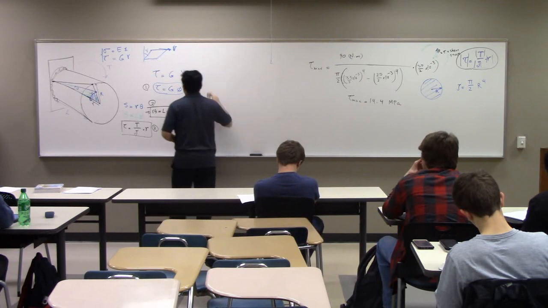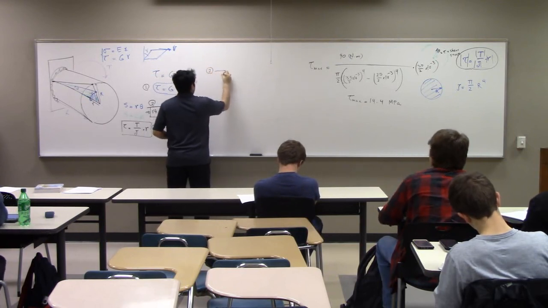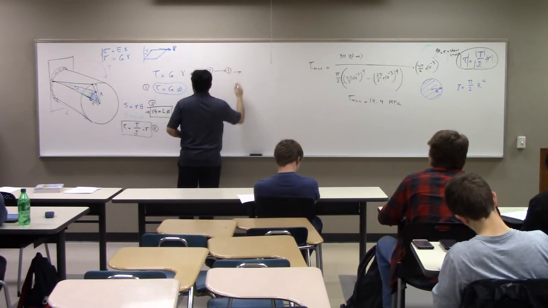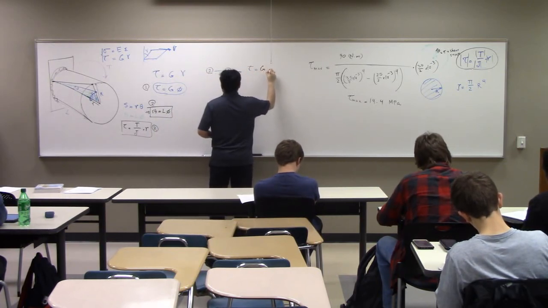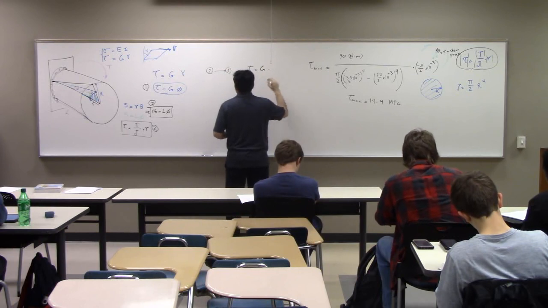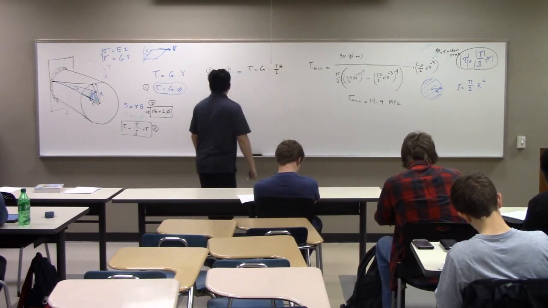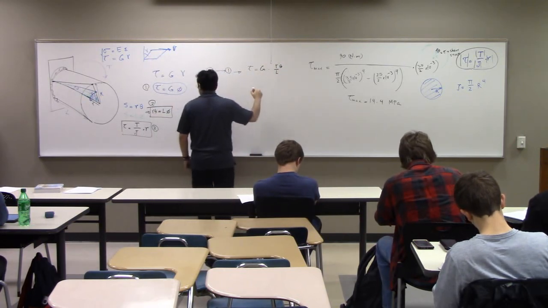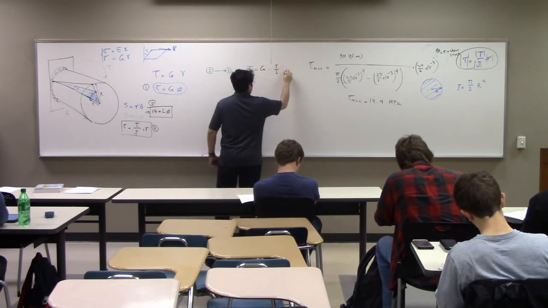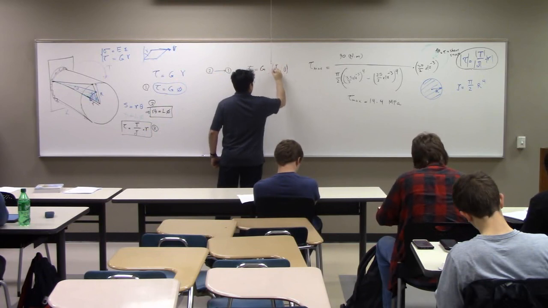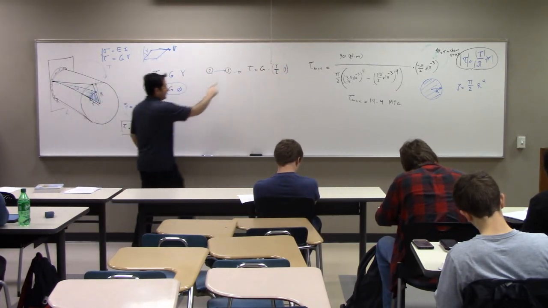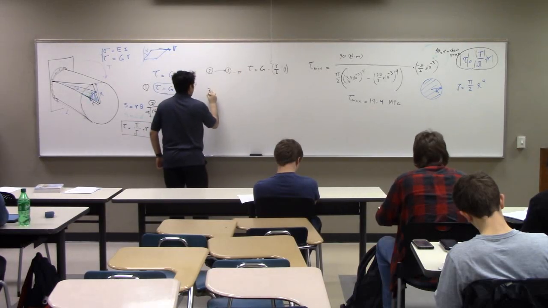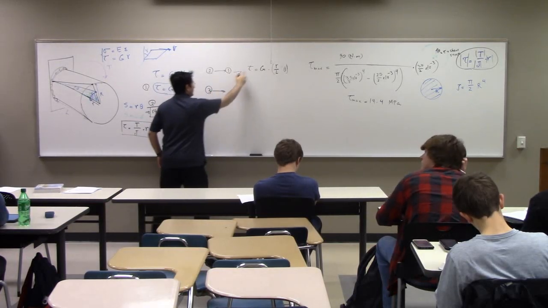If you put 2 in 1, then you get tau is equal to G times, instead of phi, you put R theta over L. And then substitute equation number 3 for tau.